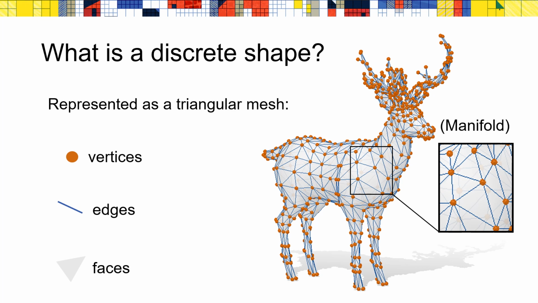We say that a shape is a manifold, and this implies that not more than two faces share a common edge, so one edge is shared by a maximum of two faces, or by one face if it is a boundary edge.